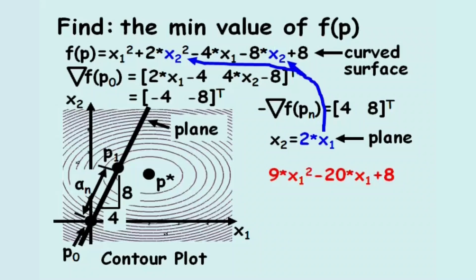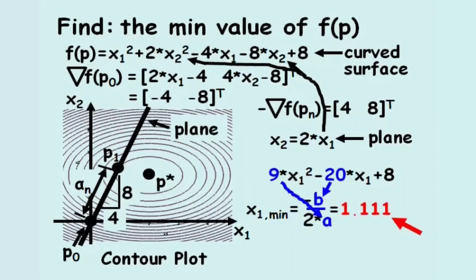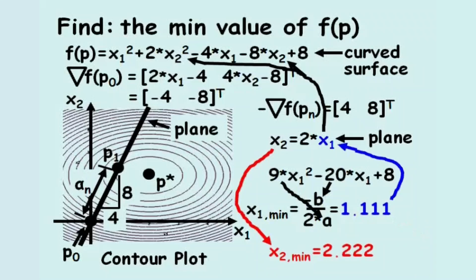This quadratic equation has a local minimum at negative b divided by 2a, which equals 1.111, and makes x2 equal to 2.222.